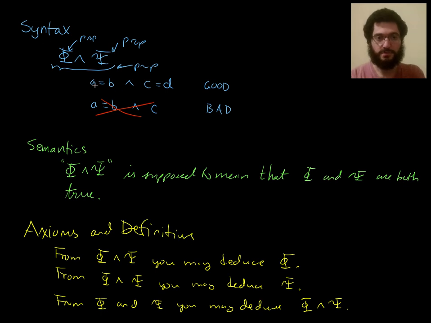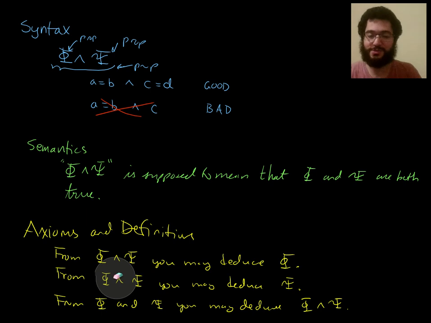So for each new thing, we're going to introduce some syntax, some semantics, so like the grammar of it, how to interpret what it's trying to say, which is not so helpful for proofs, but it's helpful for understanding what is the intention. And finally, axioms and definitions, which are what actually helps drive your arguments in proofs.